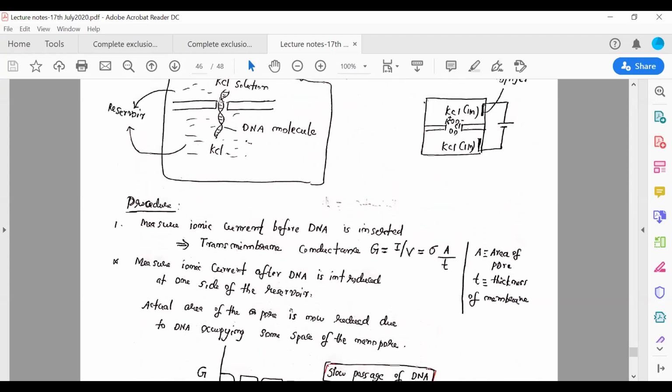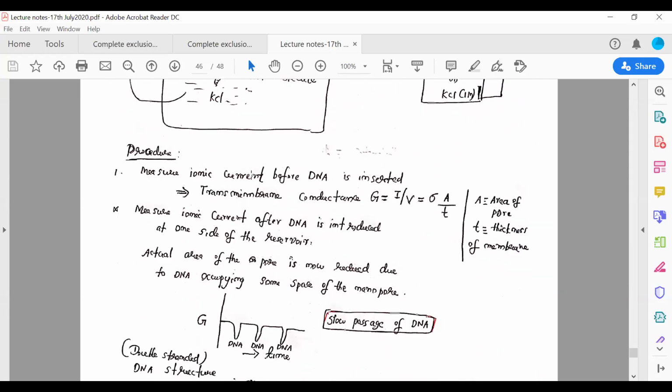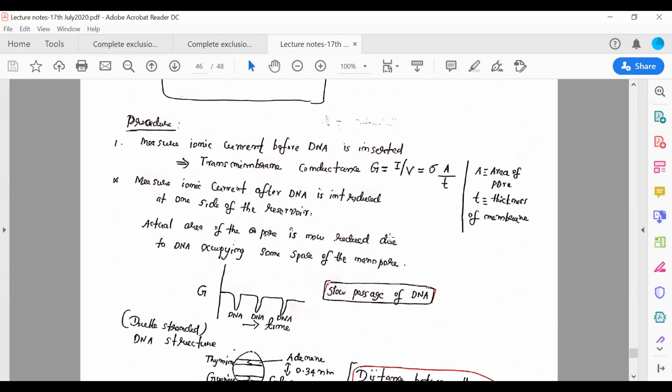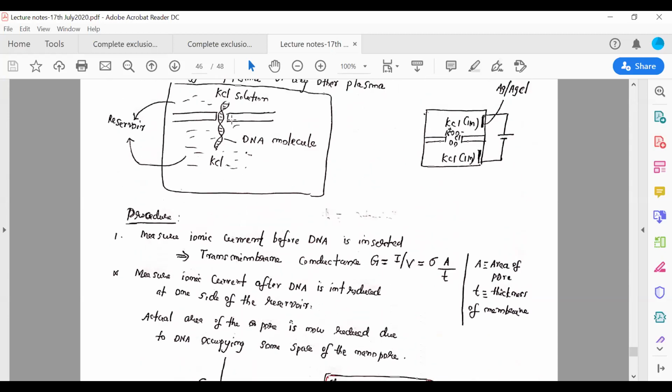Now when the DNA slows down, it can actually sense which base pair is coming. So it can identify from one base to another base, and as soon as it enters, it can distinguish the sequence. That is why this is very interesting, because graphene nanopores can actually sequence the DNA.